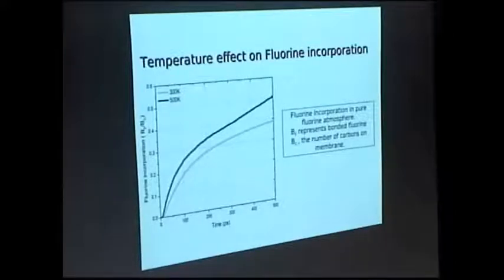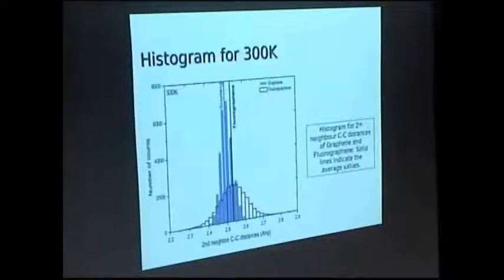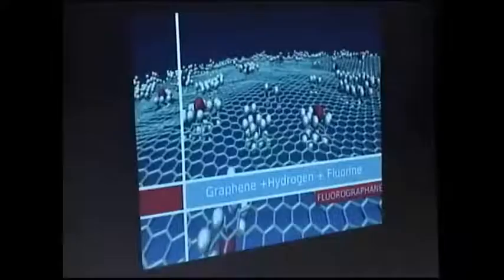Here is the fluorination dynamics for 2 different temperatures. This is a description with that parameterization of fluorine and carbon that I discussed a few minutes ago. Also, we see the comparison between the lattice constant for graphene and fluorographene.